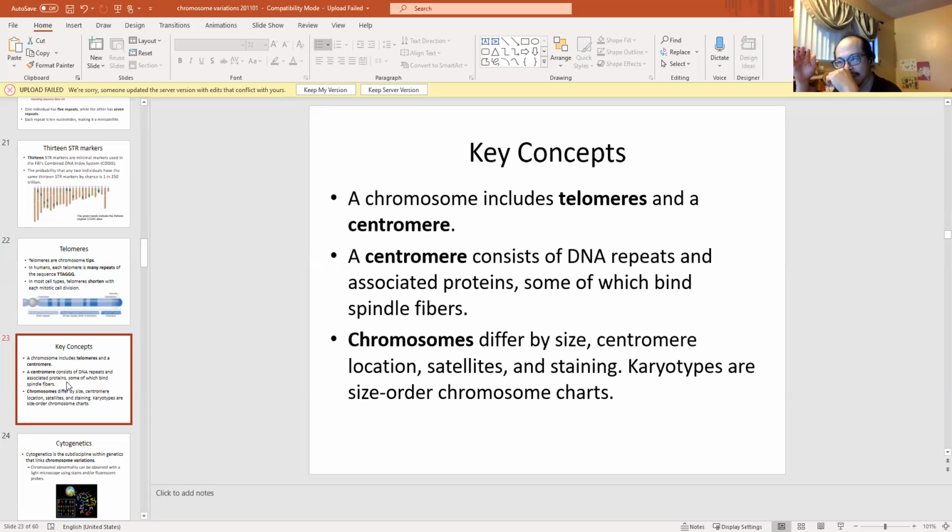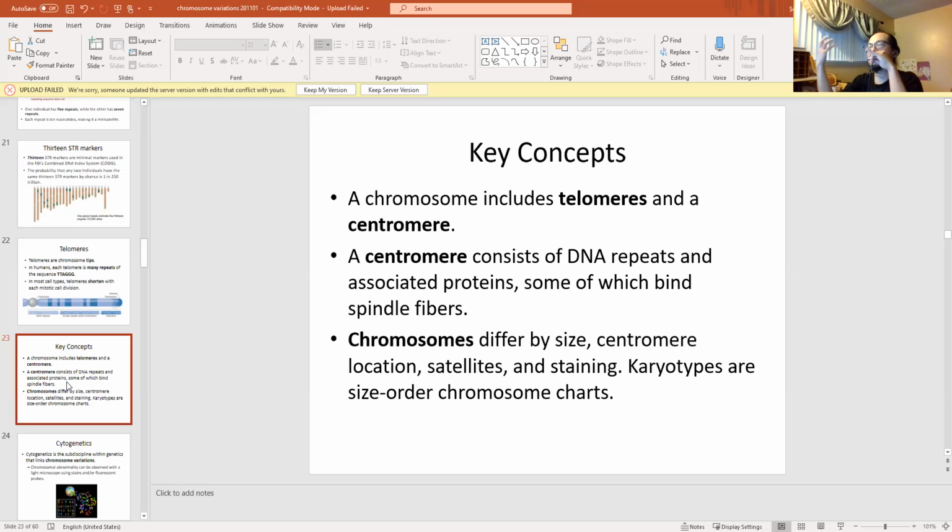Here is a collection of the key concepts that we have talked about so far. The chromosome structure, you need to be able to identify the short arm, long arm, P arm, Q arm. You also need to identify two major regions, centromere and the telomeres. You need to know that the centromere holds these two arms. It's also an important region for cell division.